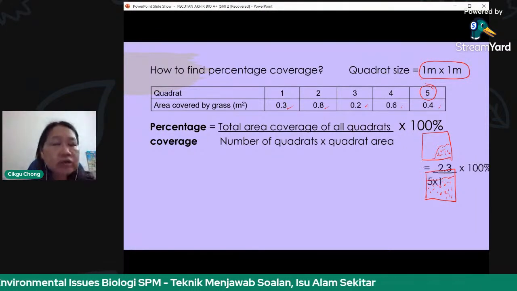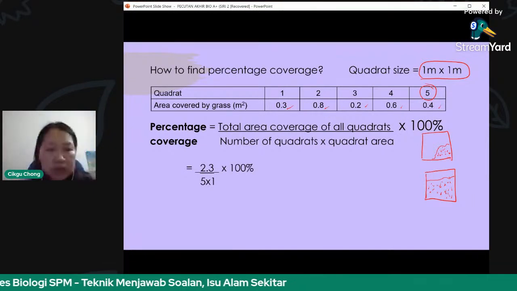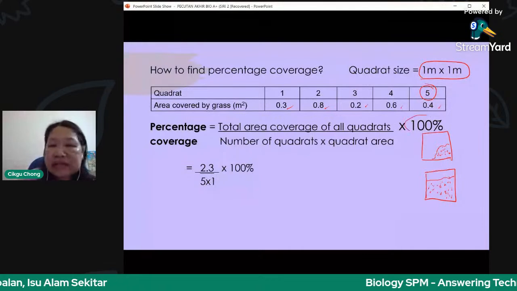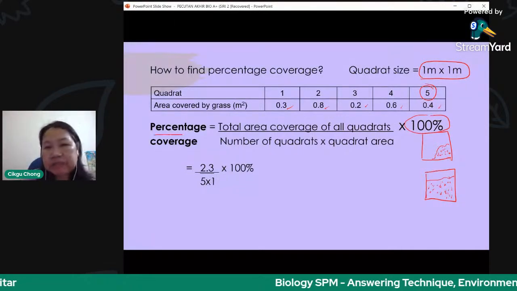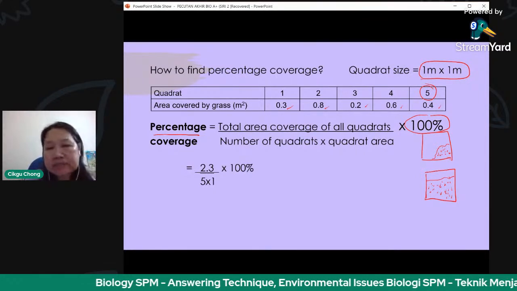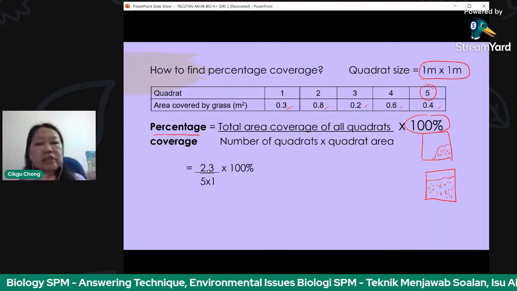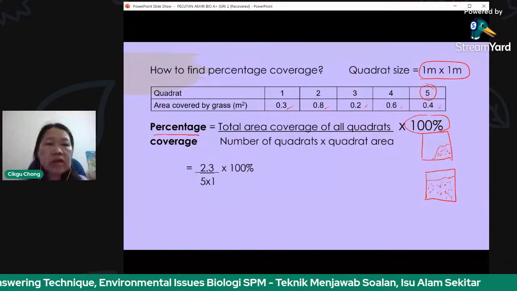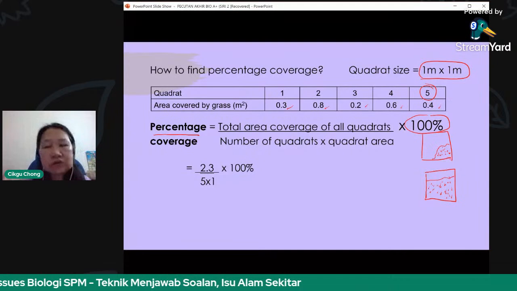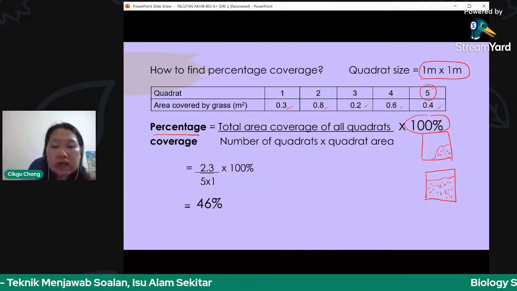So what you need to do is you just put in this formula, 2.3. Now, percentage coverage you have to put in percent because it's percentage coverage. So you have to put in percent. For the other formula, just not density, no need to times 100%. Okay, but percentage coverage, because they want it in percentage, you need to times 100, and your answer will be 46%.